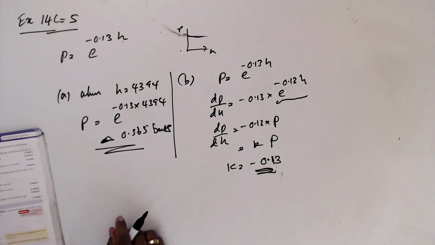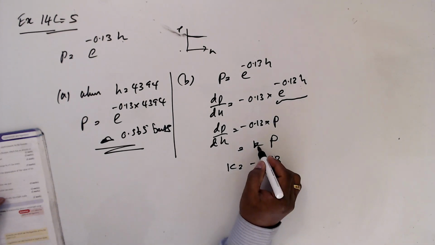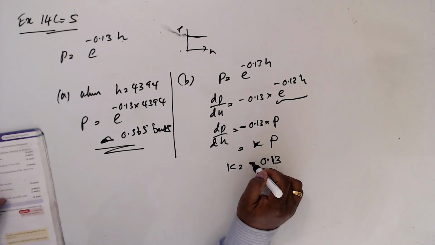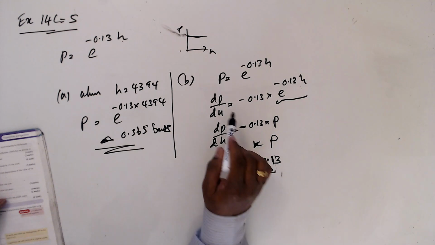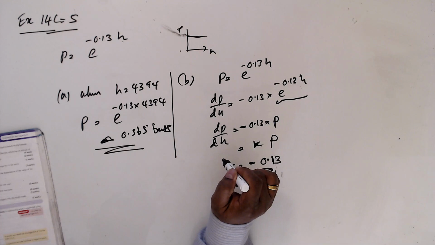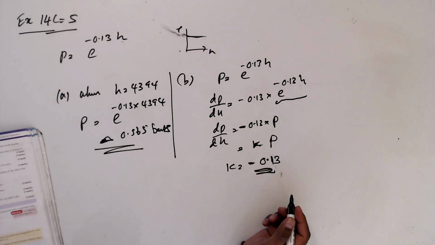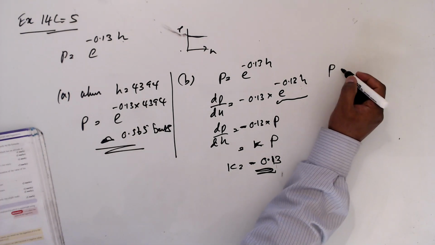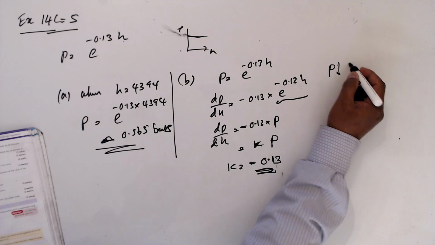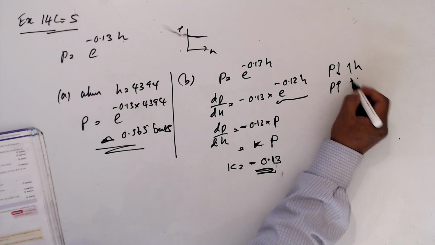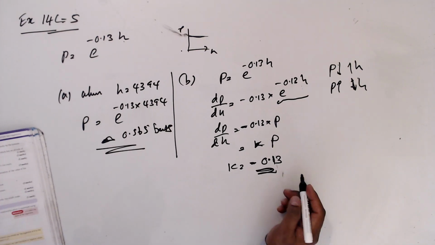Part C, interpret the significance of the sign of k in part B. So the sign is negative. It means it has an inversely proportional relationship. It means one is increasing, the other one is decreasing. P is decreasing when H is going high, or P is going high when H is going down. So we can write that.